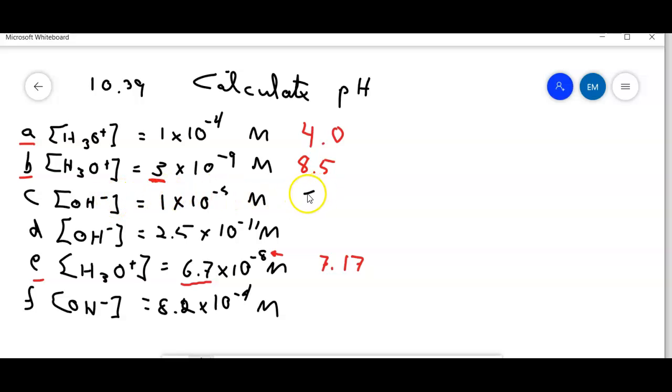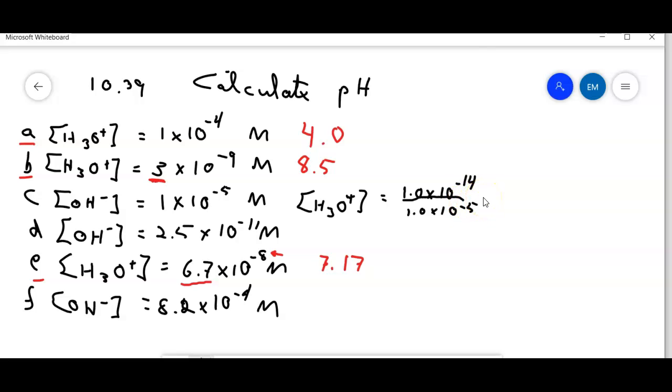To get the hydrogen ion concentration here, it's going to be 1 times 10 to the minus 14th divided by 1 times 10 to the minus 5th. Yeah, it's 1.0 times 10 to the minus 5th.